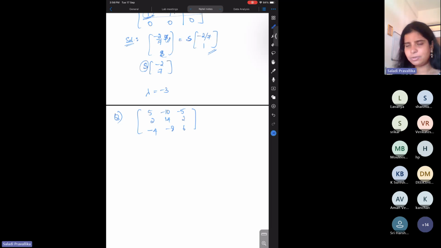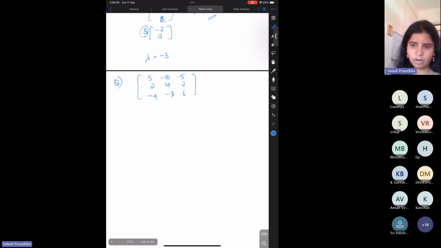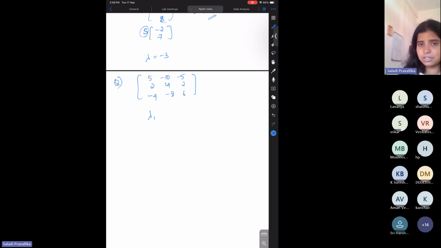I'll tell you beforehand: since it's a 3 by 3 matrix, the maximum we can have is three eigenvector values.